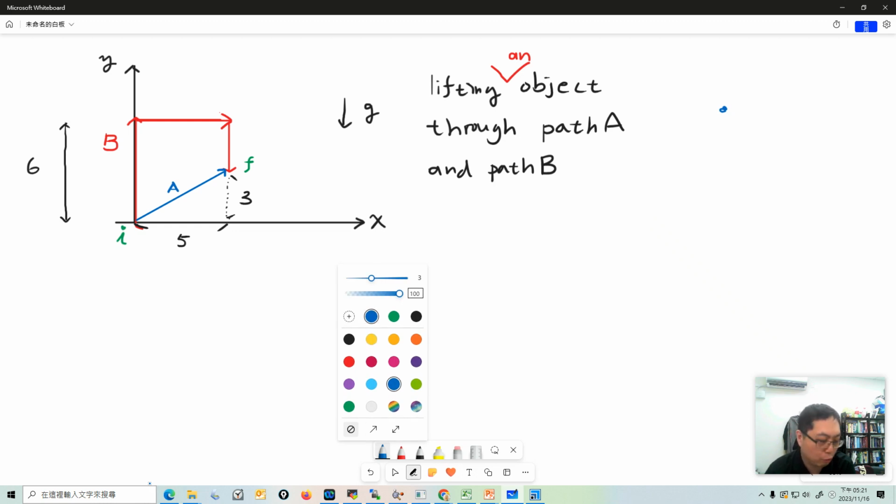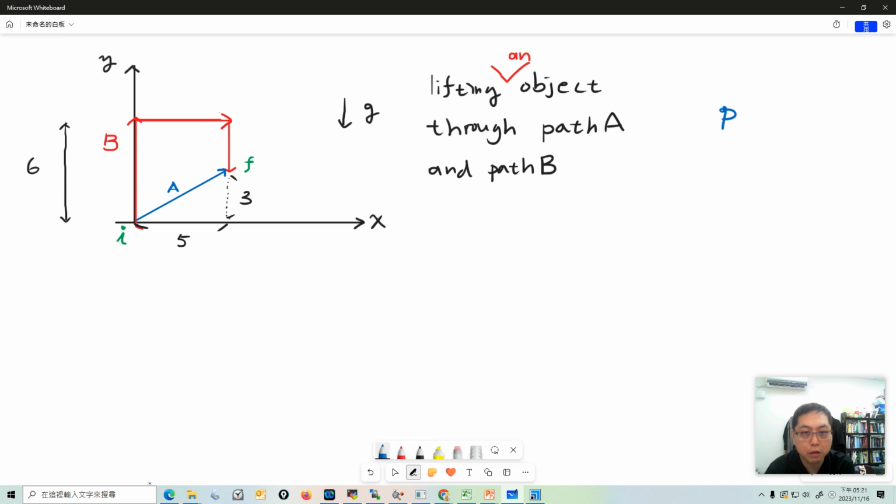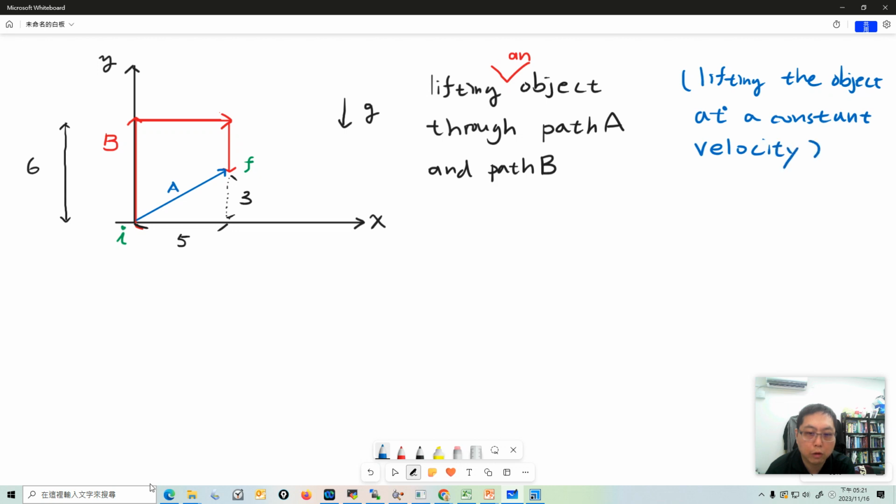What we set up is a force lifting the object at a constant velocity. This is for the same reason: we don't want to involve any kinetic energy here. We only want to focus on the work done by the gravitational force.